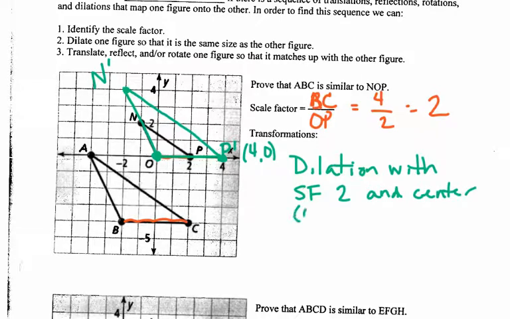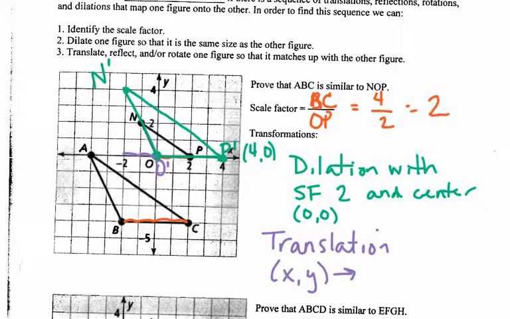We're really only focusing on center being (0, 0). Now I'm going to move O prime, which is right here, 1, 2 spaces left. So it's a translation. And the rule is (x, y) goes to: I moved it left 2, so that's x minus 2, and I'm going to move it down 1, 2, 3, 4 spaces, so that's y minus 4.